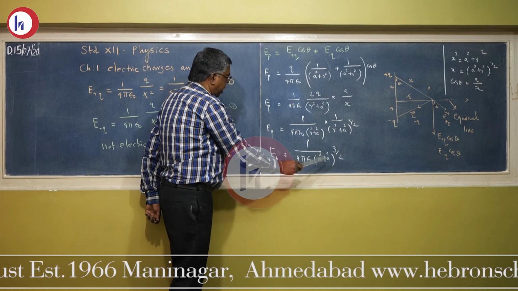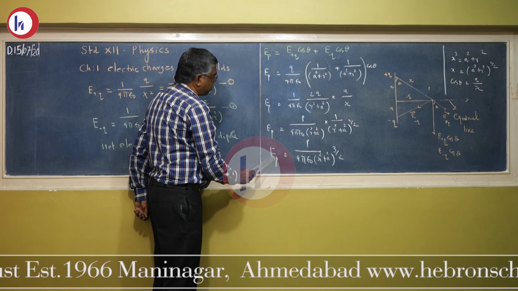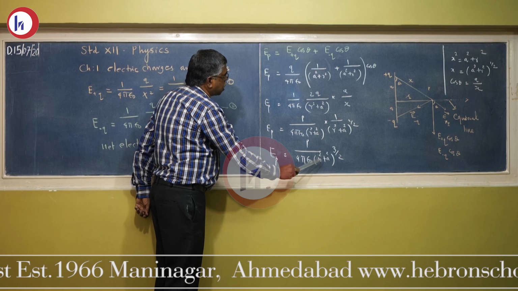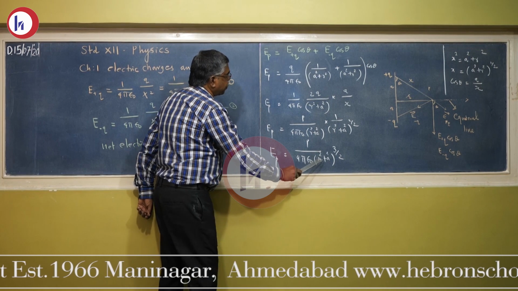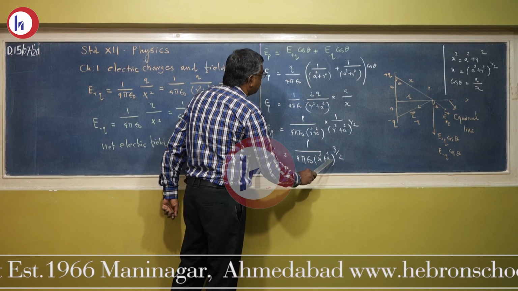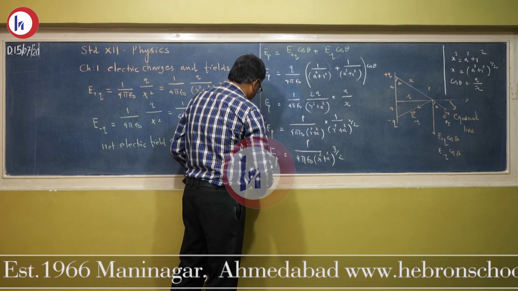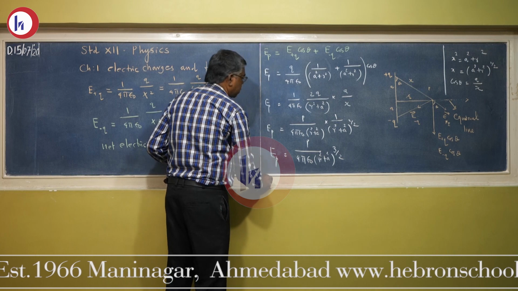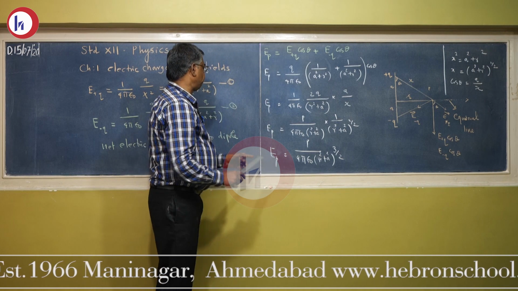So finally you can write electric field at point P equal to p upon 4 pi epsilon 0 (r square plus a square) raised to 3 by 2.